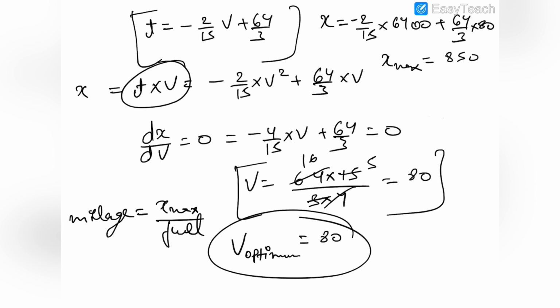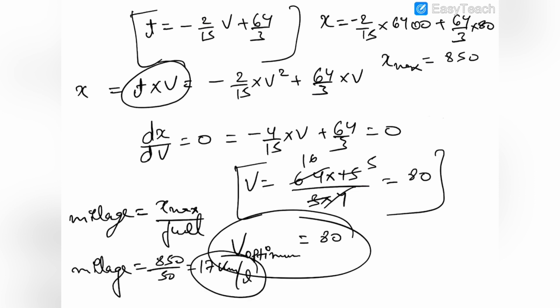And mileage would be equal to 850 upon 50, which is the fuel capacity. So it is 17 kilometer per liter. So this would be the mileage of that model car.